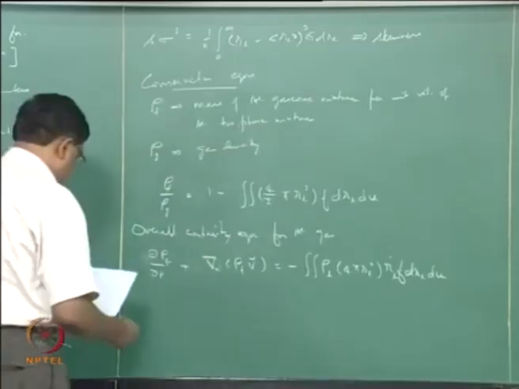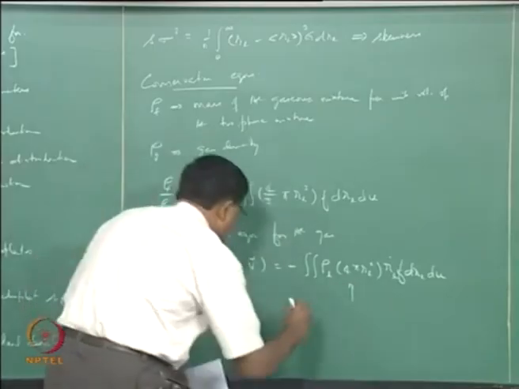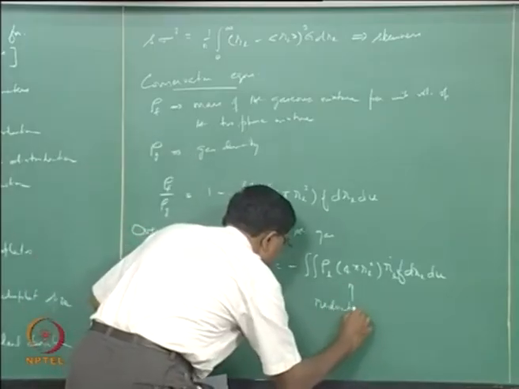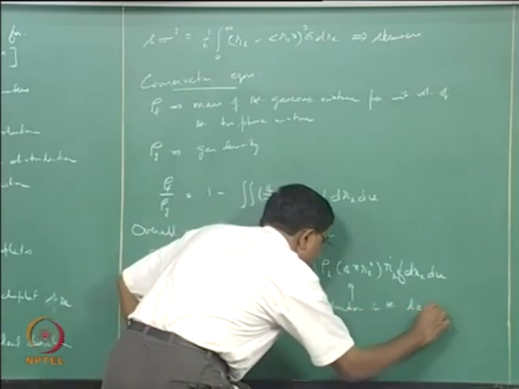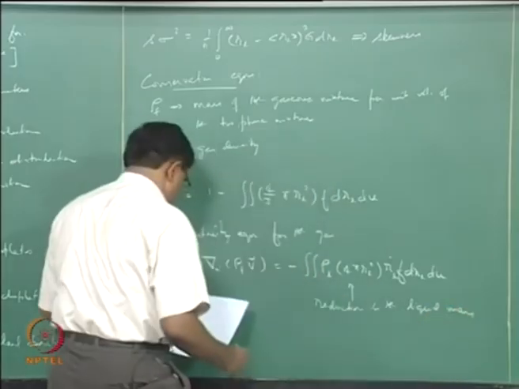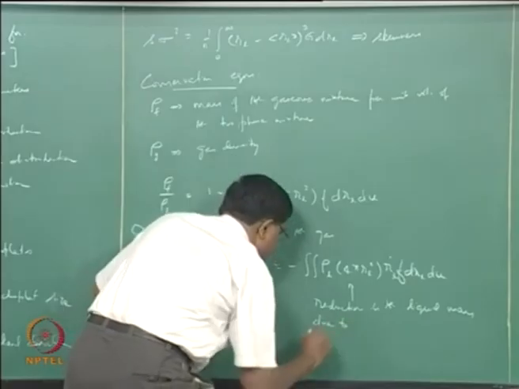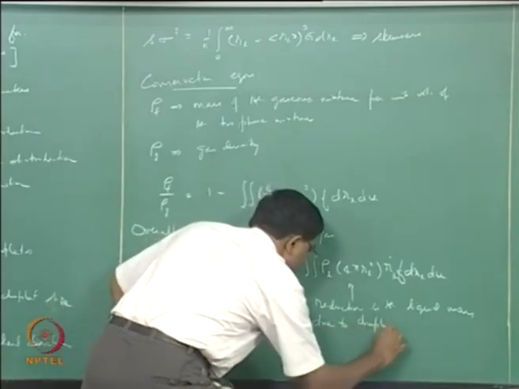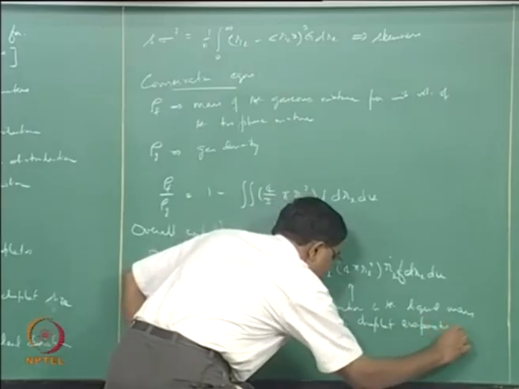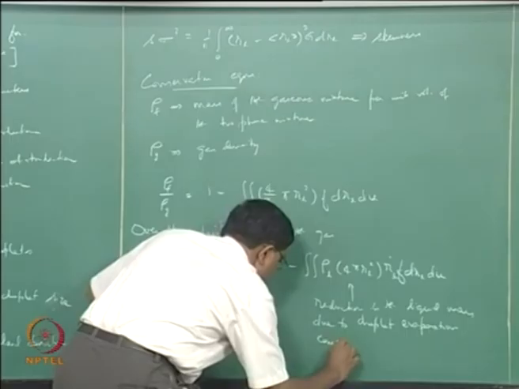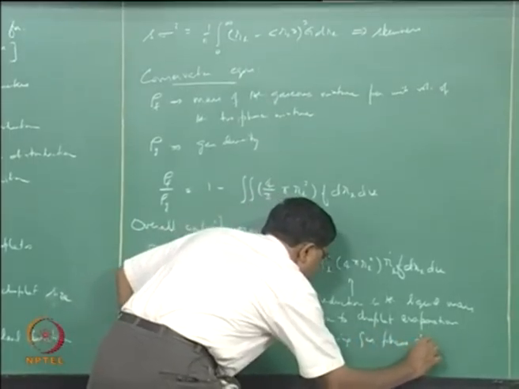So this is coming from the reduction in the liquid mass due to droplet evaporation, causing gas phase density variation.